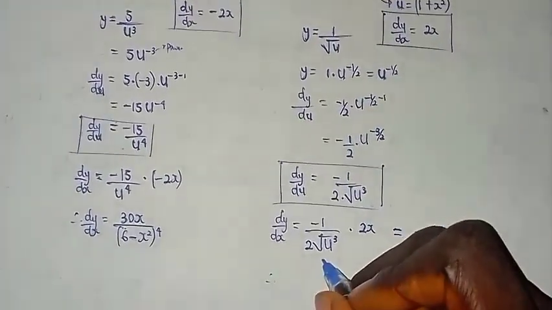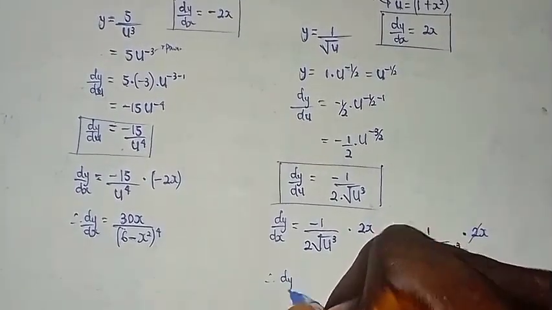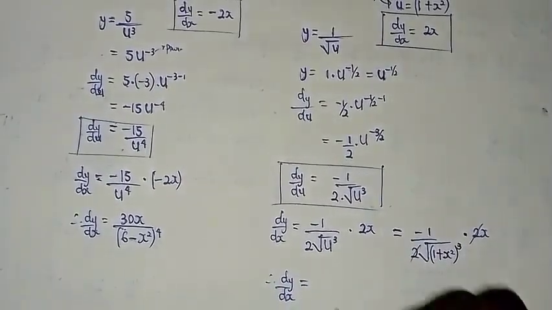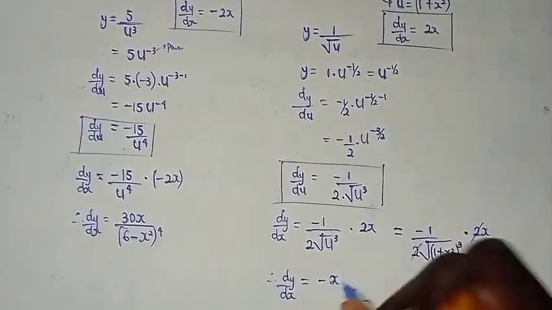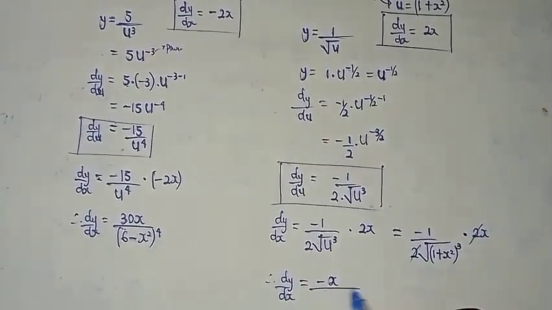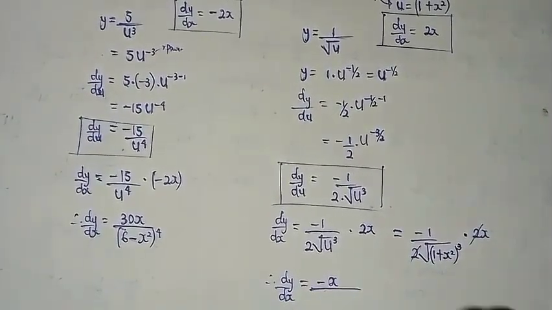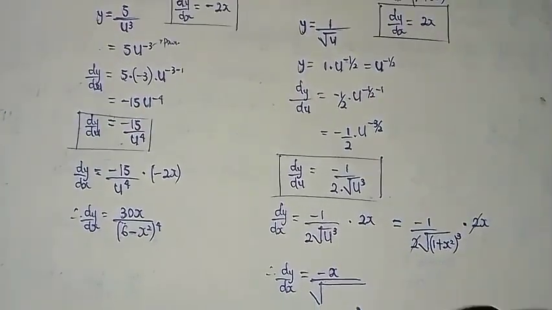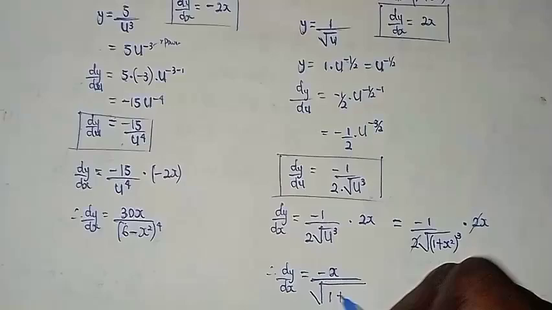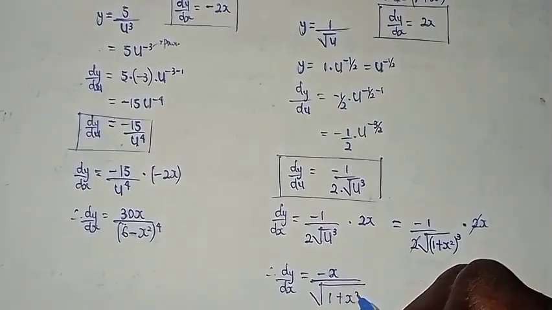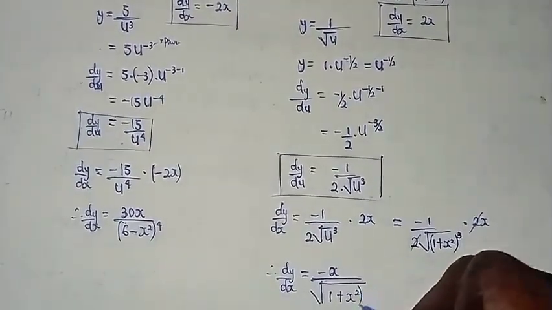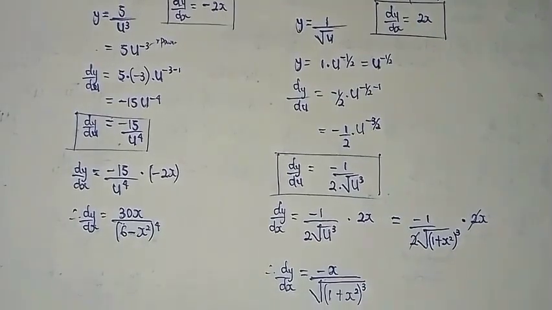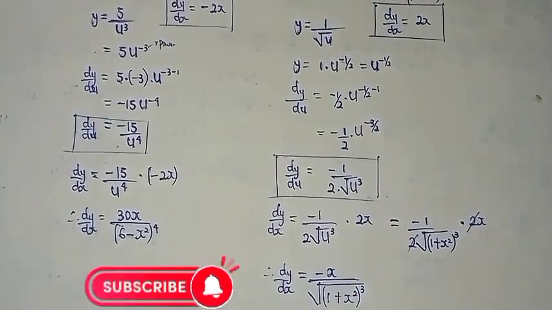Therefore, our dy over dx becomes minus x all over the square root of 1 plus x squared, or bracket raised to the power of 3. So this becomes our dy over dx.